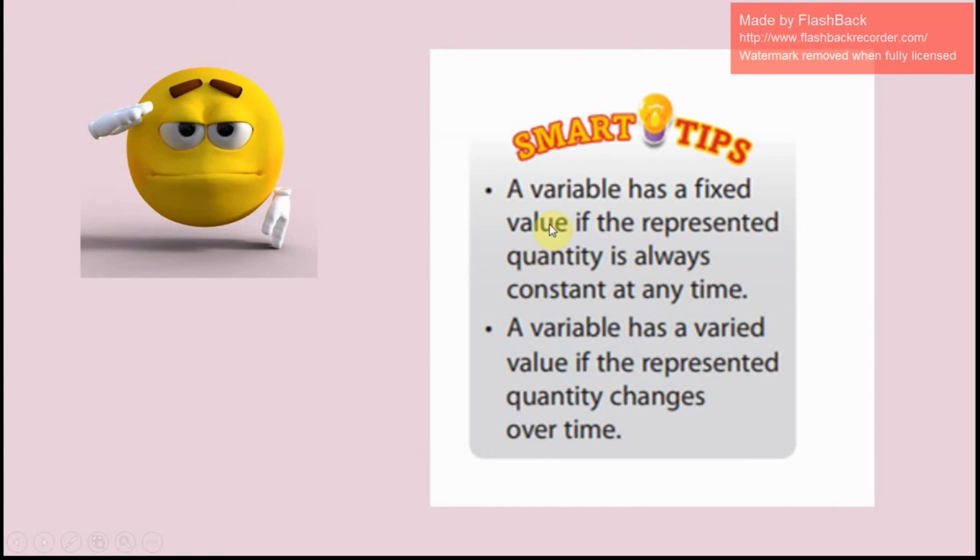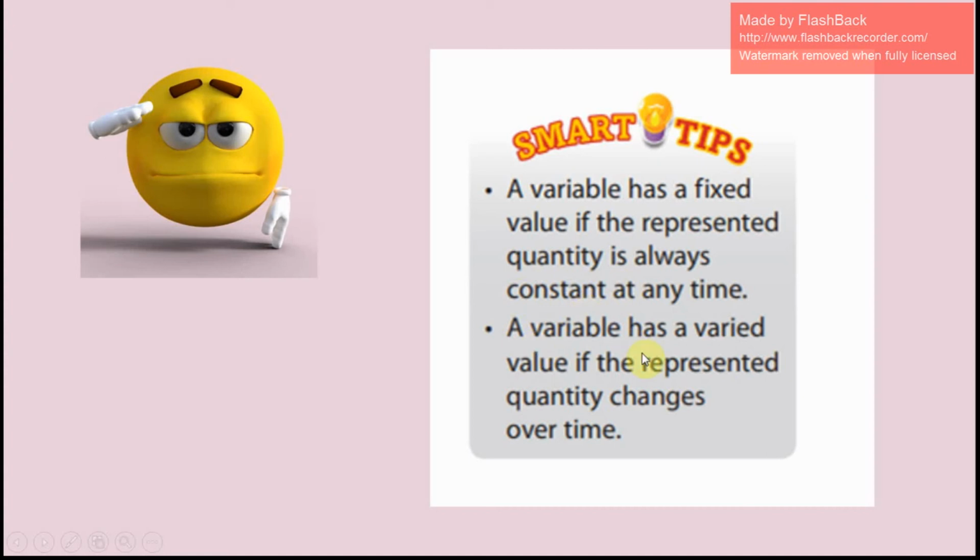So from here we know that a variable can have a fixed value. If the represented quantity is always constant at any time, this variable has a fixed value because it is constant.